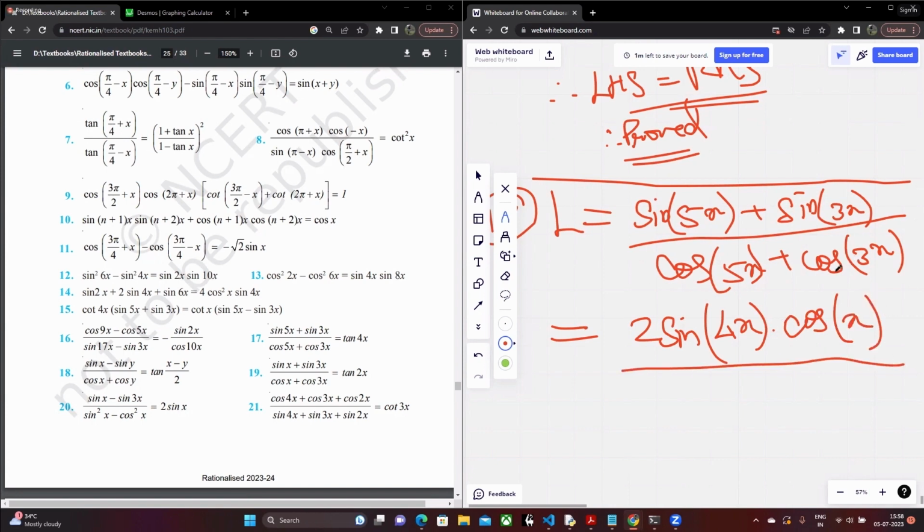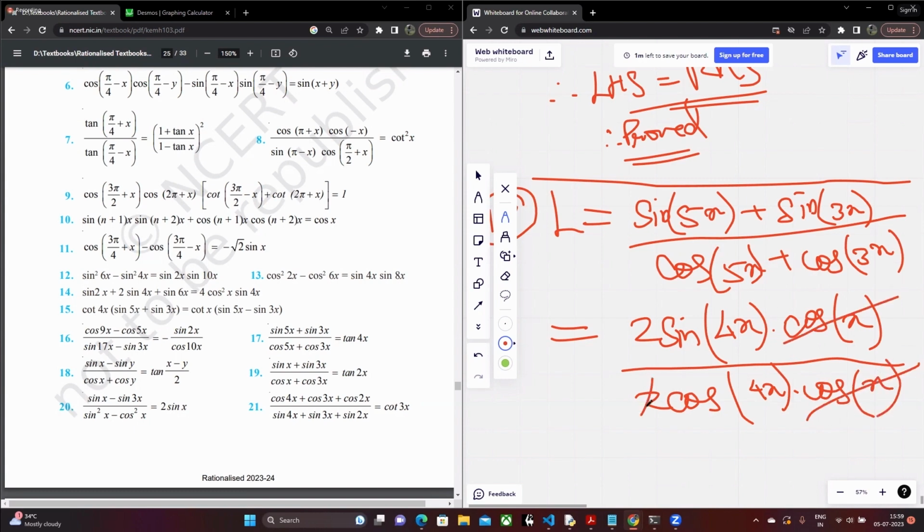divided by cos A plus cos B, which is going to be 2 into cos of (A plus B) by 2, that is 4x, into cos of (A minus B) by 2, that is going to be x.